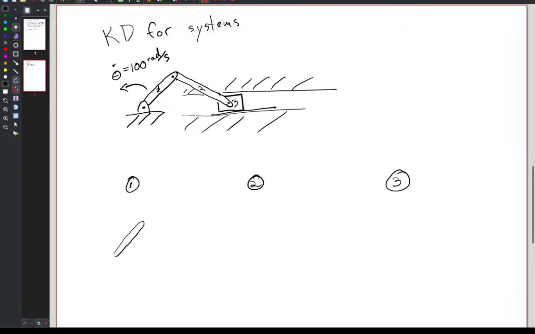Link 1, I could say some kind of torque. Here's Ry, Rx. I don't know why I drew it that way.